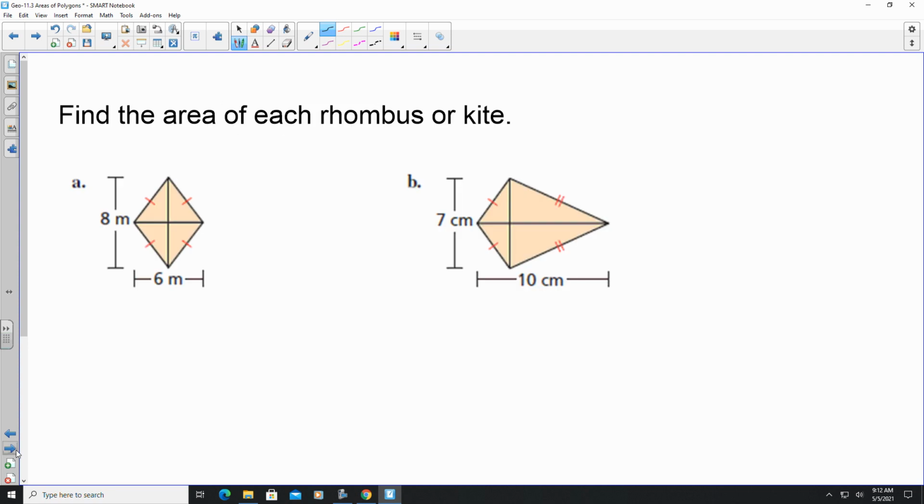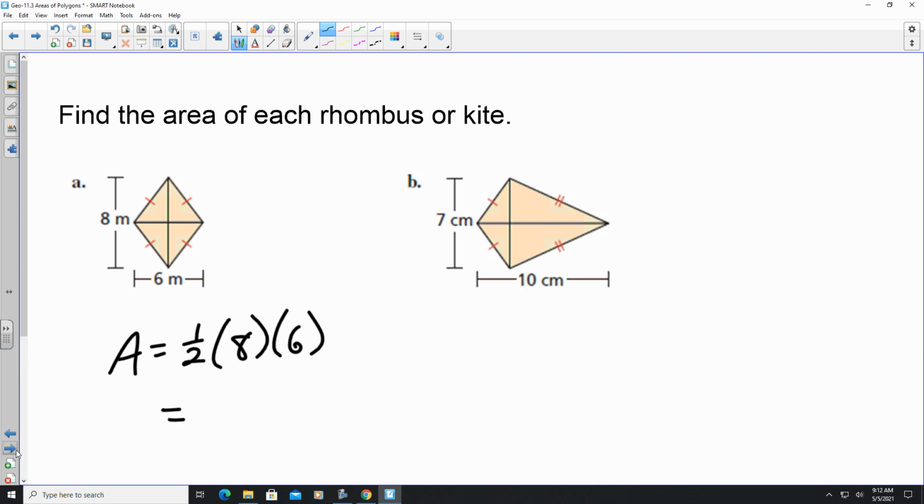Looking at these two examples, A and B, we are given the values of each diagonal. The first one is a rhombus. It's got 4 congruent sides. But since we have each diagonal, it's going to be 1/2 times 8 times 6.